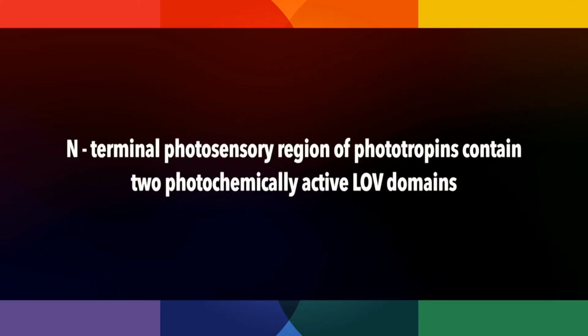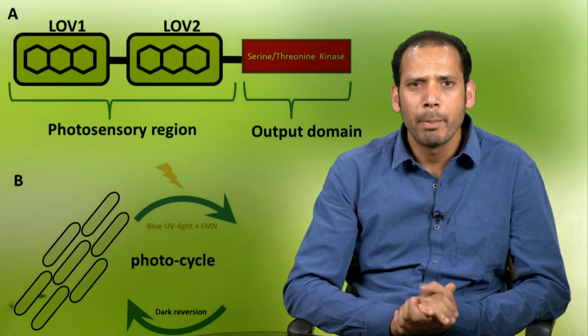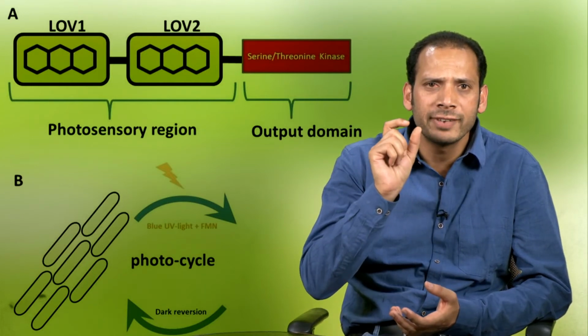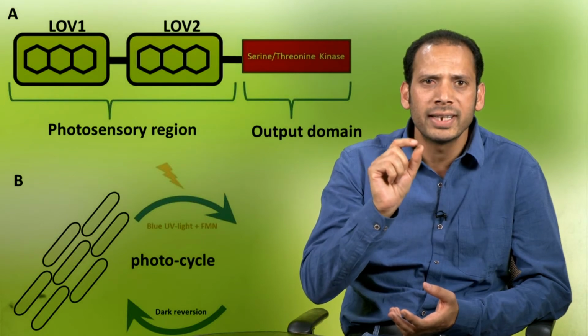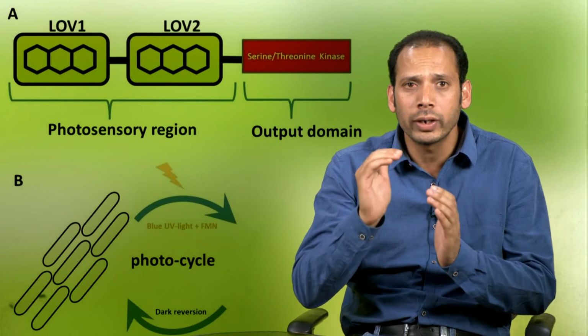The N-terminal photosensory region of phototropins contains two photochemically active LOV domains designated as LOV domain 1 and LOV domain 2. Each of these domains binds the blue light absorbing cofactor flavin mononucleotide, designated FMN, in a non-covalent fashion as chromophore in the dark.